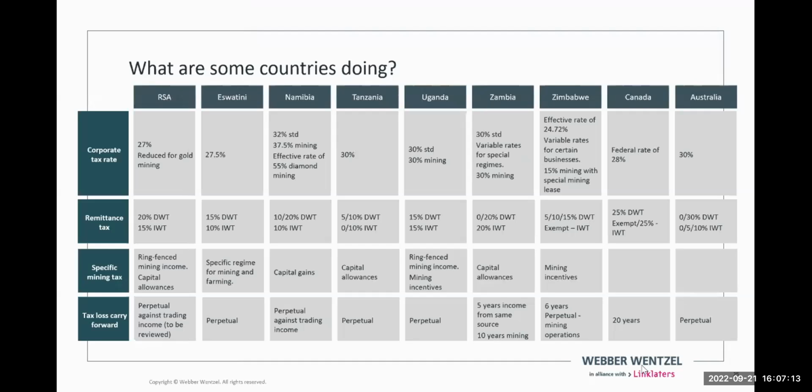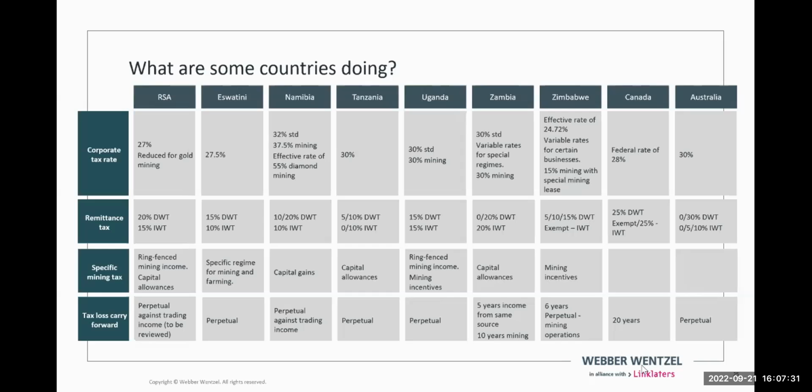If we look at what some countries are doing, just to spread around the different types of corporate tax, the different types of corporate rates, it's interesting to compare the Australian and Canadian examples to some of the other states.